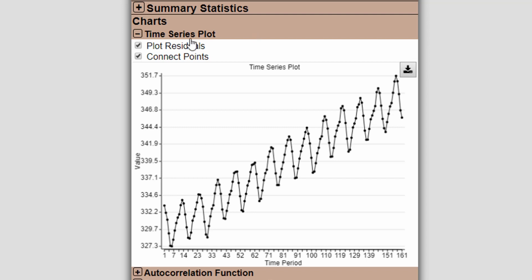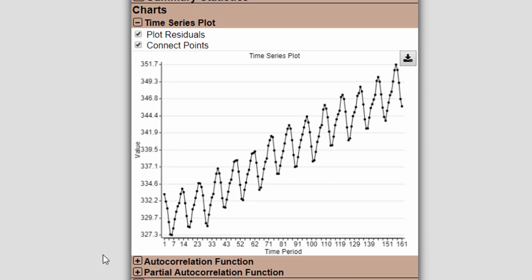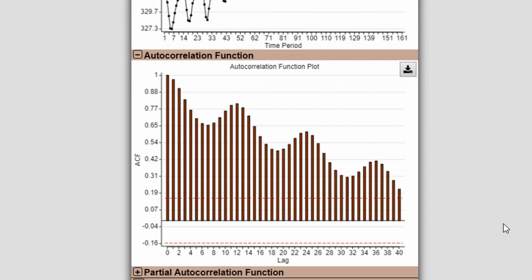And if I were to look at the autocorrelation function, you'll see it has this same kind of wavy pattern. So it looks like the data points at a 12-step lag and a 24-step lag and a 36-step lag are the most highly correlated, which means that this is monthly data.